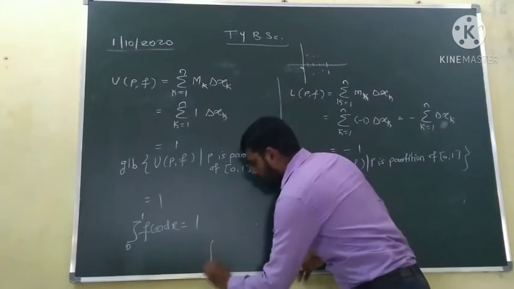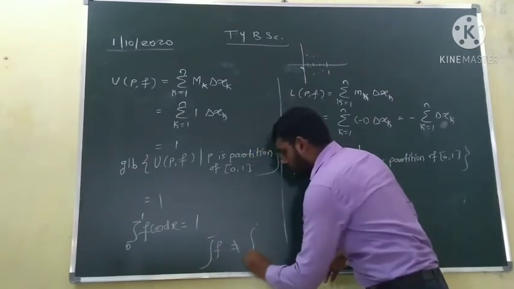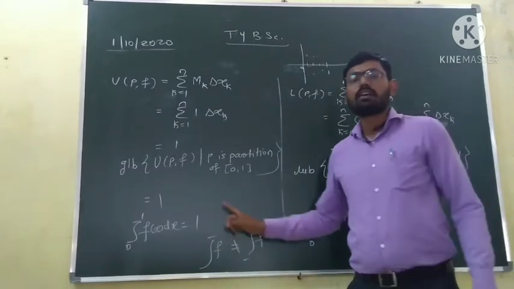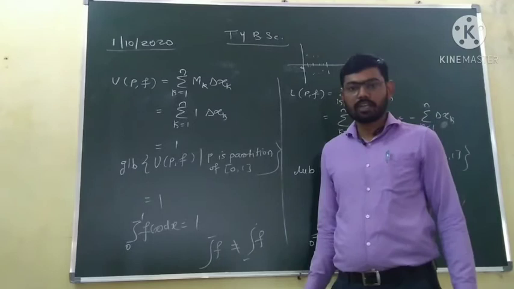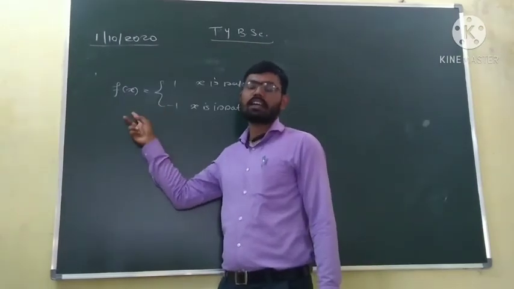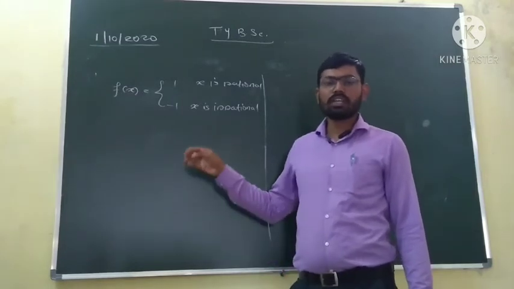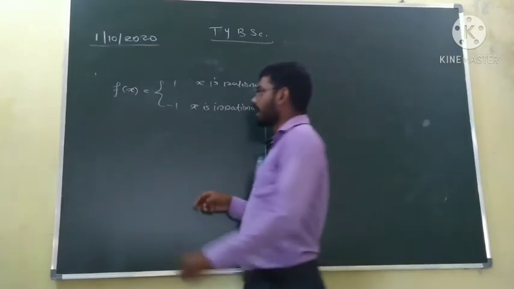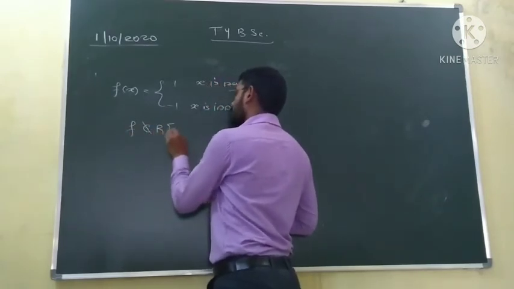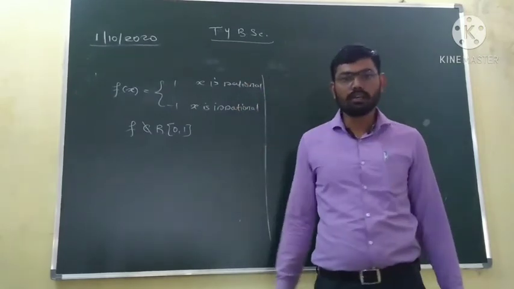So for this function we have seen the upper integral and lower integral are not equal, so we have concluded that this function does not belong to the Riemann integrable functions on 0 to 1.